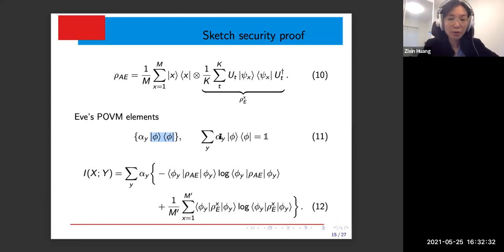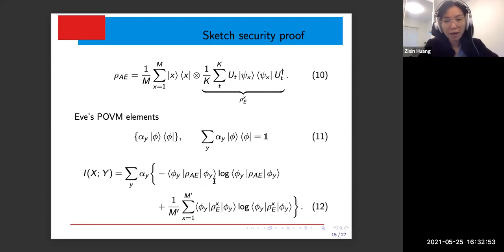And when you sum over y, these elements, you get the identity operator. So when you apply equation 11 to Eve's density matrix, you end up with this expression over here, where there are 2 terms.